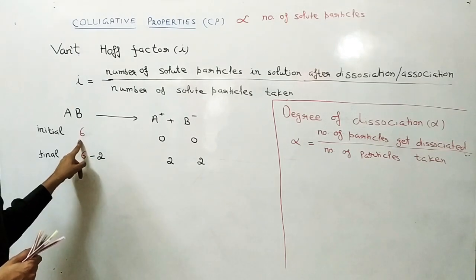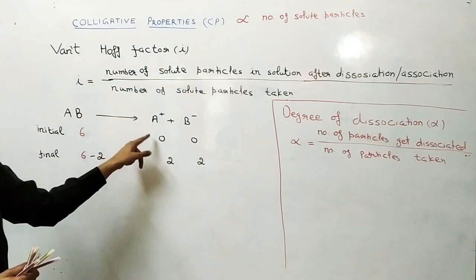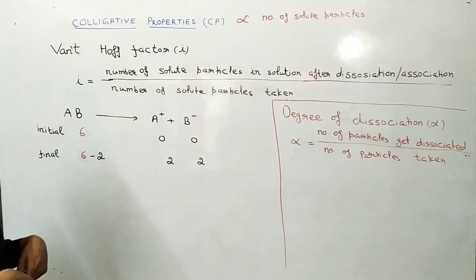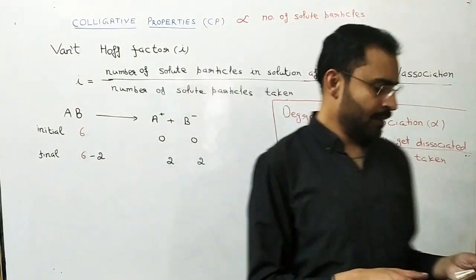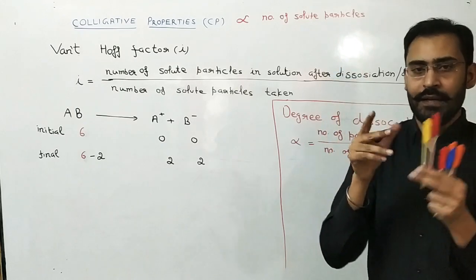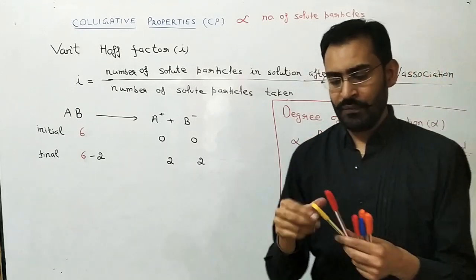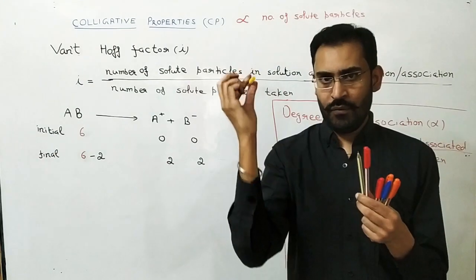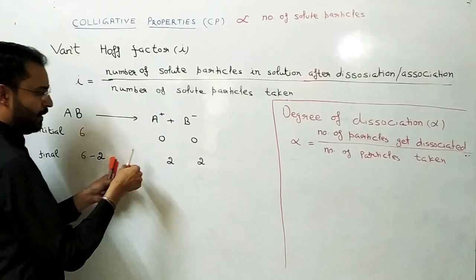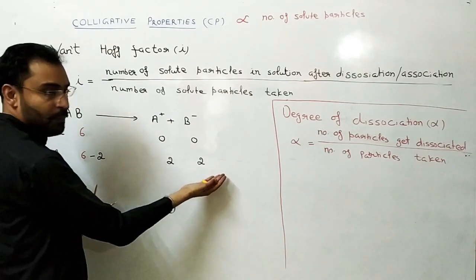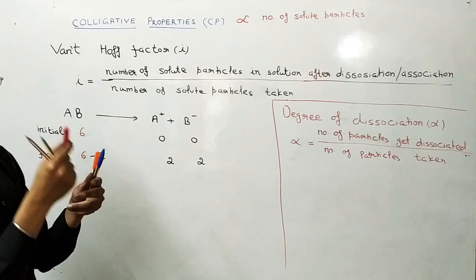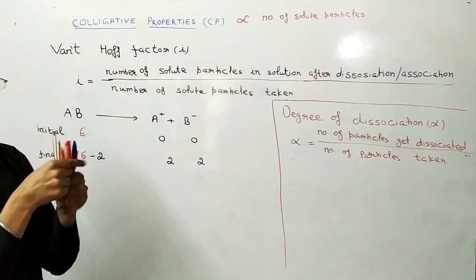In water, how many particles initially? 0, obviously. When these particles are mixed in water, some of the particles get dissociated. Let it be 2 that get dissociated. Now I have 2 A positive and 2 B negative. How many complete pairs are left? 1, 2, 3, 4.